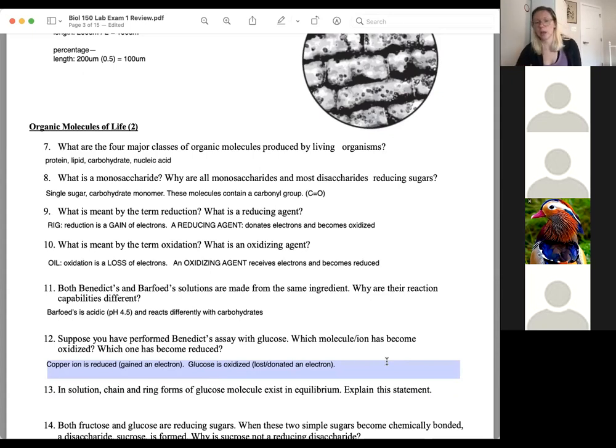Why was the glucose able to donate an electron to that copper? The carbonyl group. Exactly. Yeah, it's from that carbonyl group.